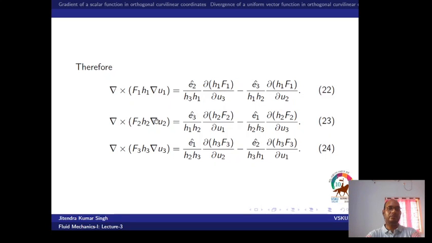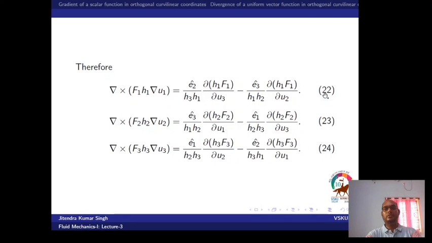Curl of f2 h2 grad u2 is equal to unit vector e3 by h1 h2 dou by dou u1 of h2 f2 minus unit vector e1 by h2 h3 dou by dou u3 of h2 f2. And curl of f3 h3 grad u3 is equal to unit vector e1 by h2 h3 dou by dou u2 of h3 f3 minus unit vector e2 divided by h3 h1 dou by dou u1 of h3 f3.